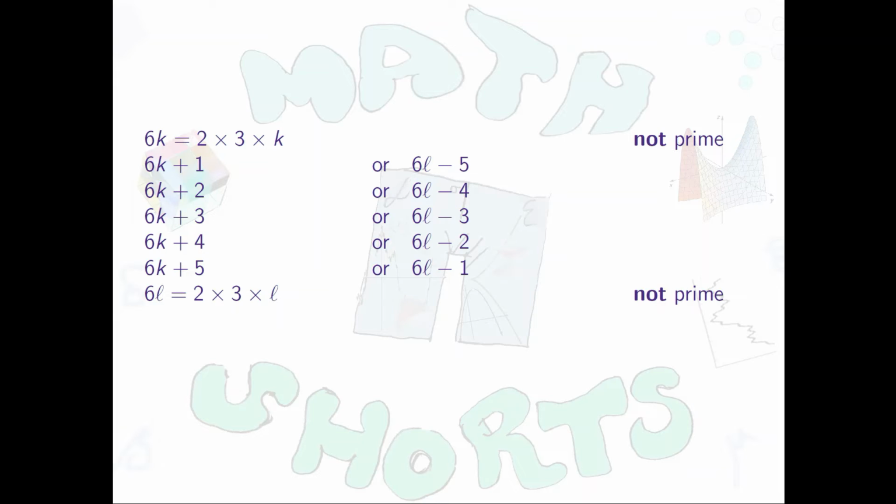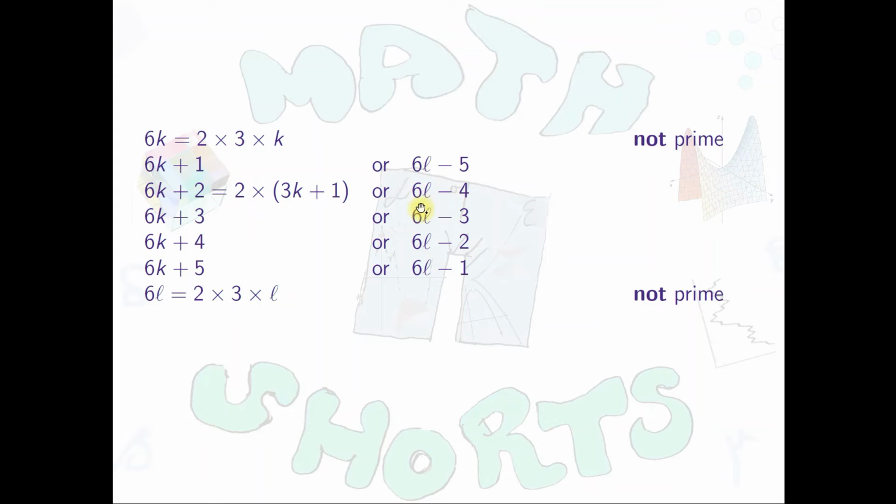Now I'm going to look through these other numbers with the same idea. Can I find a factor that isn't 1 or itself? Now if I look at 6k plus 2, 6 is even and 2 is even. So 2 goes into this whole number. I can write this as 2 times 3k plus 1.